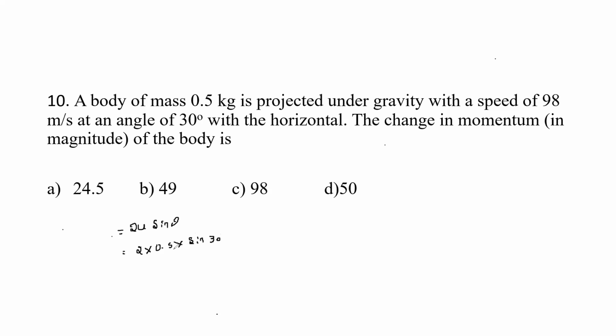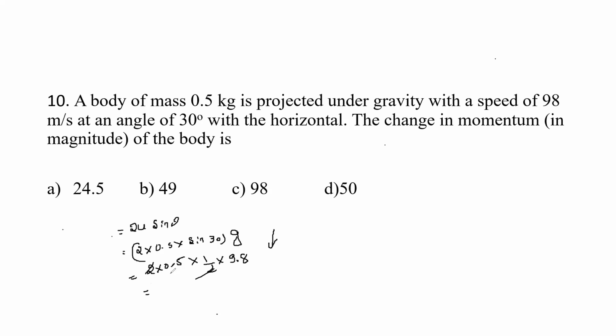Here they have specified that a body of mass is projected under the gravity. So when we are taking under the gravity, we need to multiply this quantity with what? That is g. Therefore, here it becomes 2 into 0.5 into sine 30 is 1 by 2 into 9.8. So 2 will get cancelled. Then 9.8 into 0.5. So how much is 9.8 into 0.5?